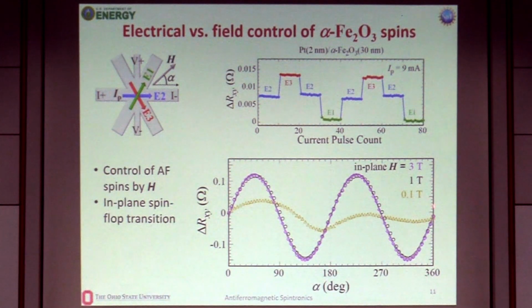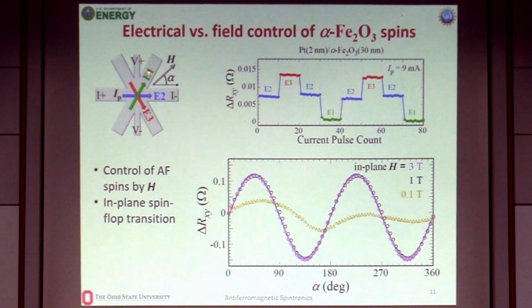Somehow the 1 Tesla symbol is not showing, I don't know, the color. Basically, if you look at the 3 Tesla, it's a nice sine wave. 0 degree is parallel to E2, and then you rotate. It has this orientation because what we're measuring is still along these 2 voltage lines. When you apply 3 Tesla along this direction, the spin orientation is going to be vertical, up and down.